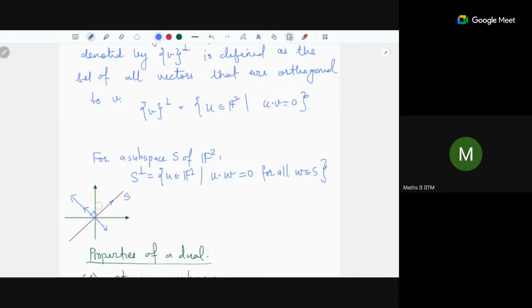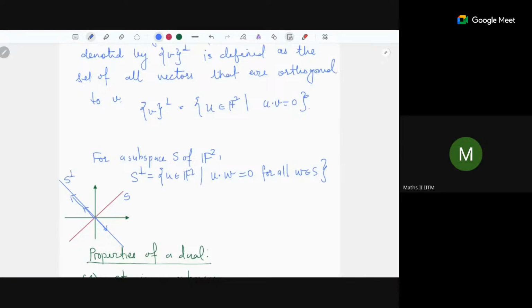So what we notice here is that this line becomes perpendicular to S. We call this line S perp.